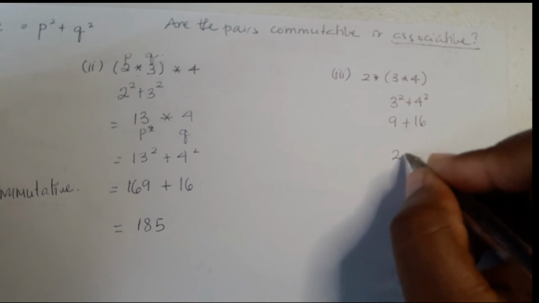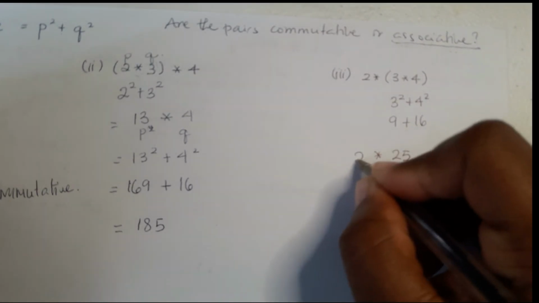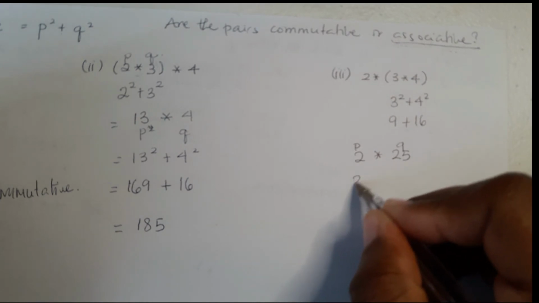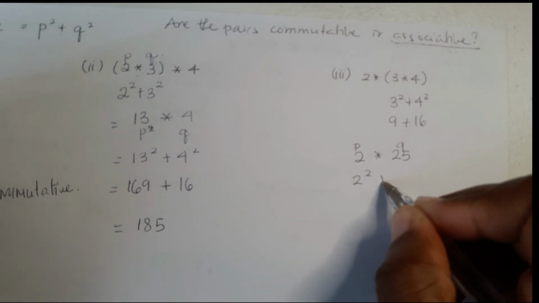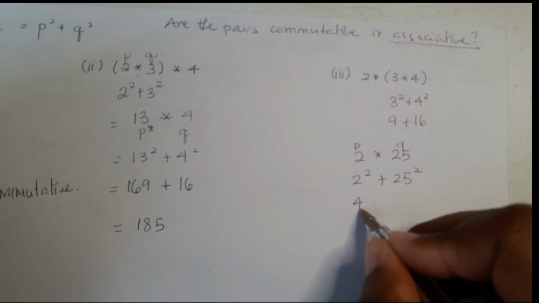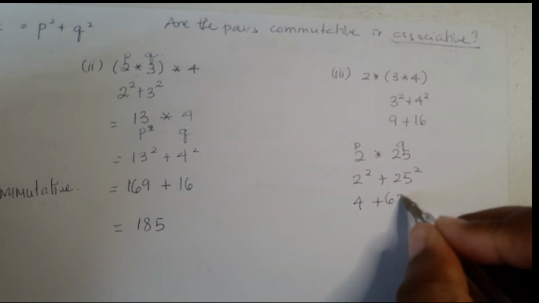So we have 25 star 2. This is our P, and this is our Q. So we're going to say 2 squared plus 25 squared, and we get 4 plus, I think, 625.